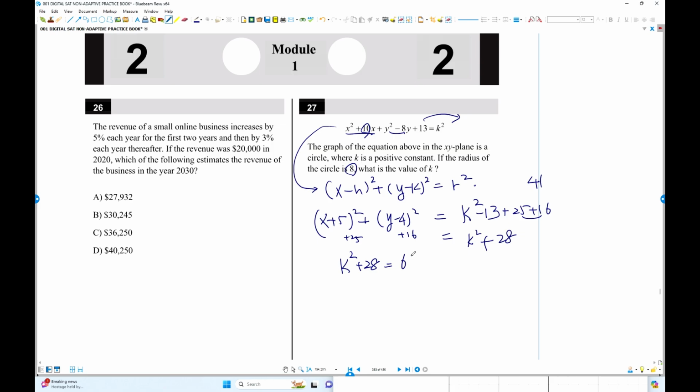The radius is 8, so r squared is 64. So k squared equals 64 minus 28, which is 36. So k equals 6, since k is a positive constant. K equals 6.